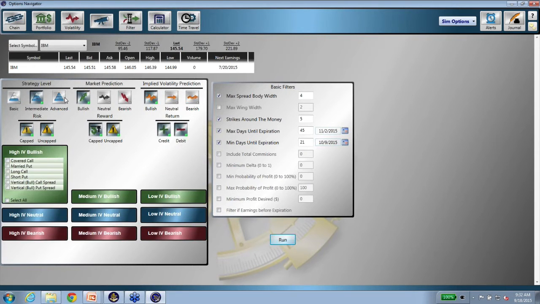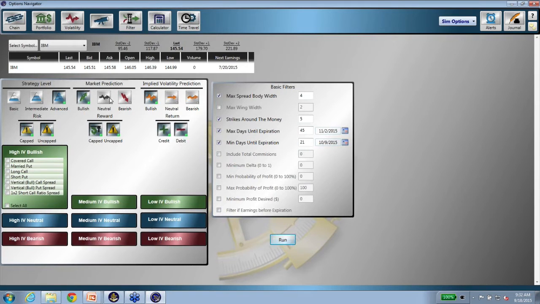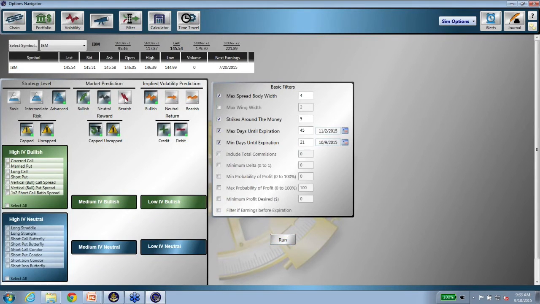So I'm willing to take everything all the way up to advanced. Maybe I want to look only for things that are neutral or bullish, and maybe I'm not very bearish on IBM. Maybe I looked at the chart and thought, well, it's rolling up and down, now it's kind of at the bottom of the hill, it's ready to go back up the hill, or maybe I choose something else. But for the example, I'm just going to choose bullish and neutral.